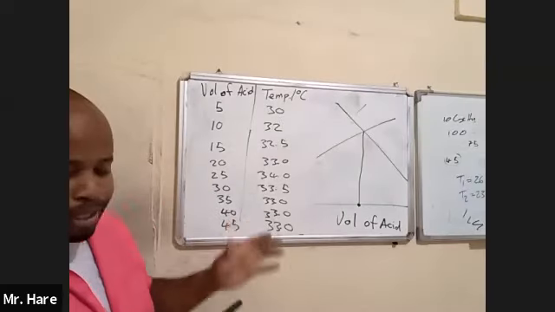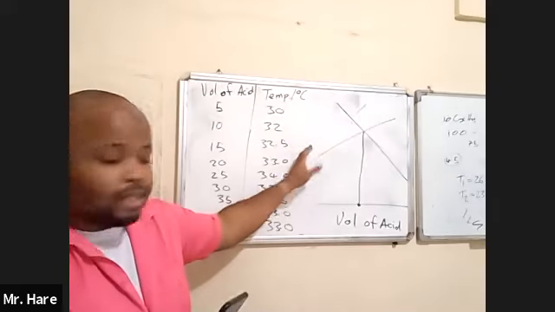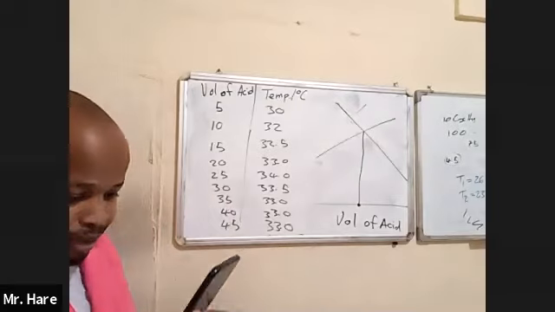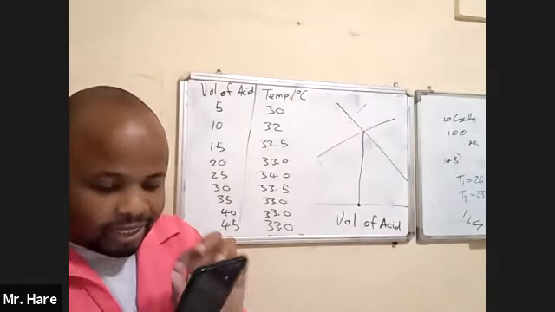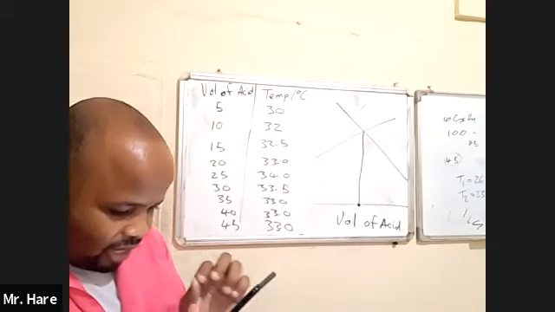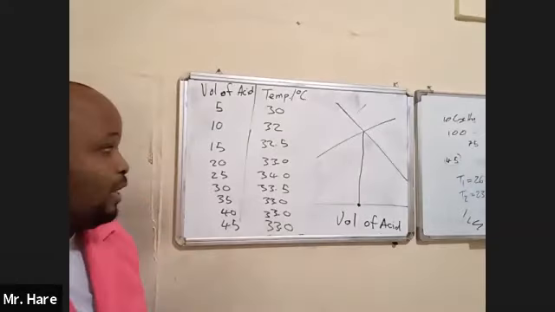So it already tells you plot a graph of temperature, that will go on the y-axis, versus volume on the x-axis. After you plot the graph, it says hence determine the endpoint volume of the acid.